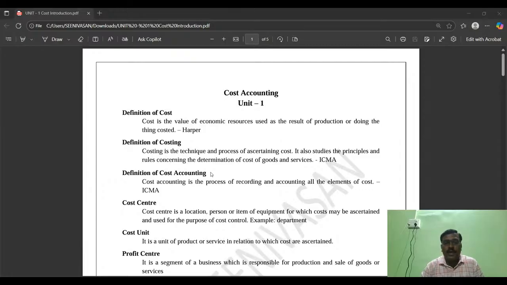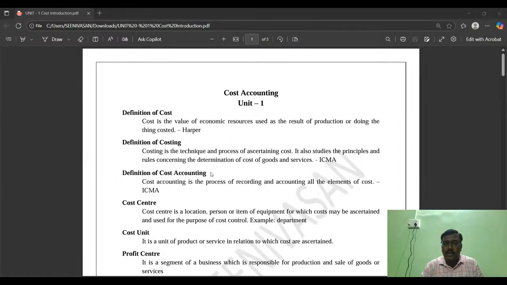Now, what do you mean by cost accounting? It's a process of recording and accounting all the elements of cost. What do you mean by elements of cost? As I have told already, when I'm going to convert the raw material into a finished product, say for example a pen, I have to purchase material, I have to employ labor, I have to make a payment for EB bill, shop rent, and officer salary, and the selling and distribution expenses, advertisement expenses, salesman commissions.